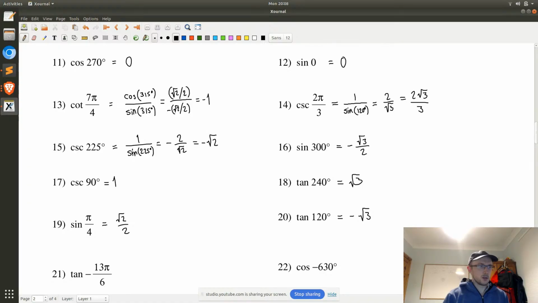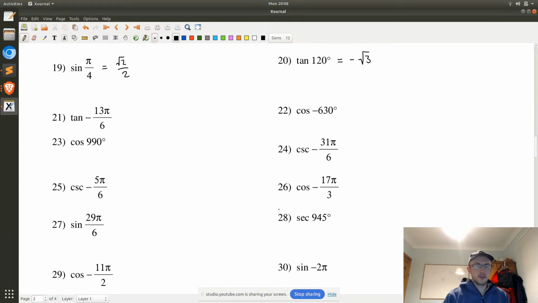One, root 3, root 2 over 2, negative root 3. Right, okay.